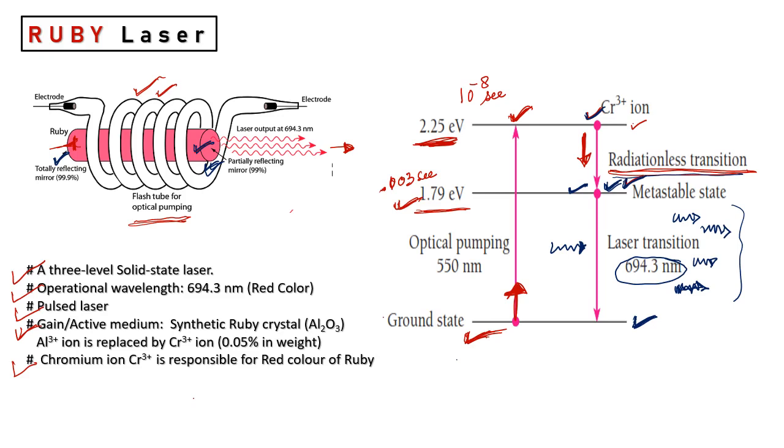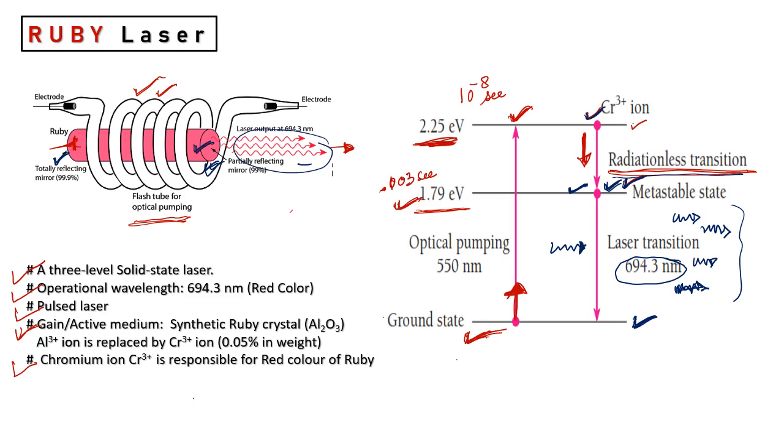After a few microseconds, the result is a large pulse of monochromatic coherent red light from the partially transparent end, you can see here, as a consequence of the lasing action.